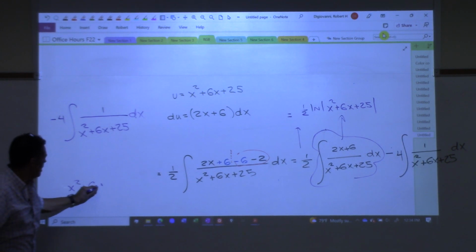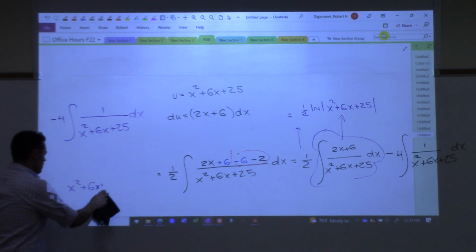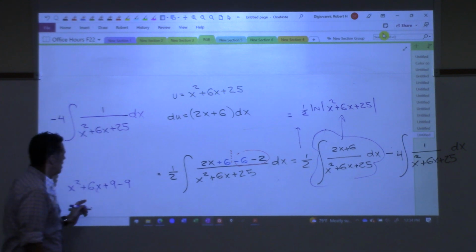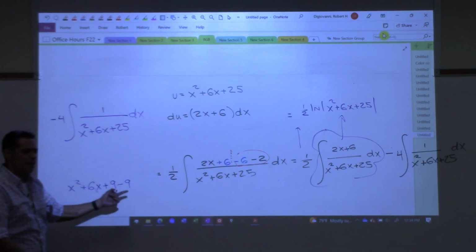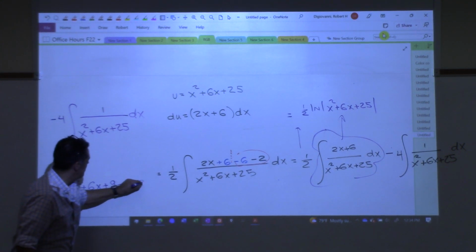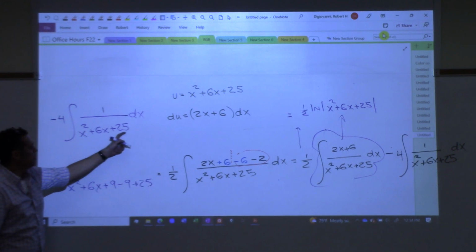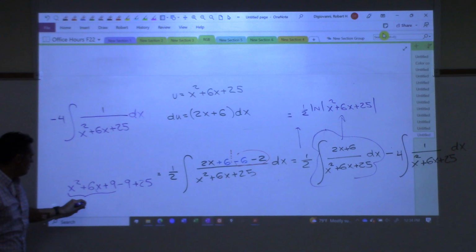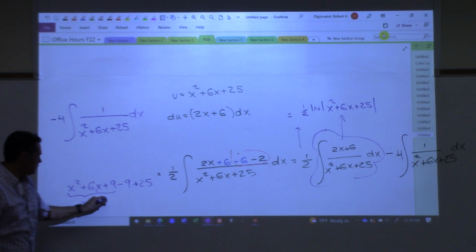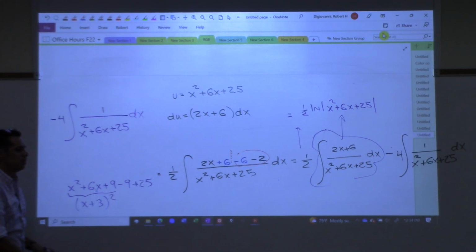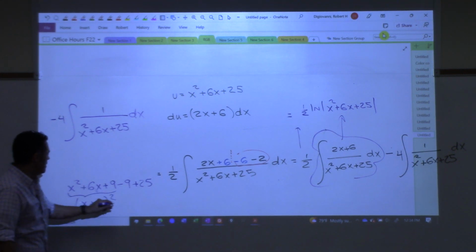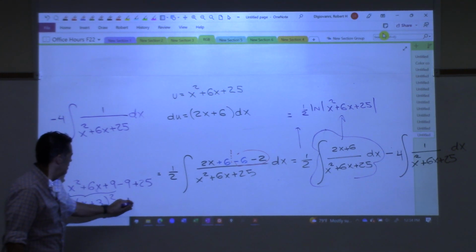So I forgot about x. 6x plus 9 minus 9, yes. And then another hidden 0, plus 25. So that's just me rewriting that. There's my hidden 0. This guarantees to factor. Perfect square trinomial. So it factors to be x plus 3 squared. And then these two together give me 16, plus 16.